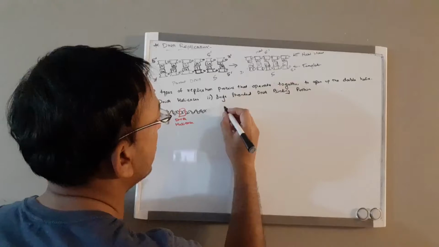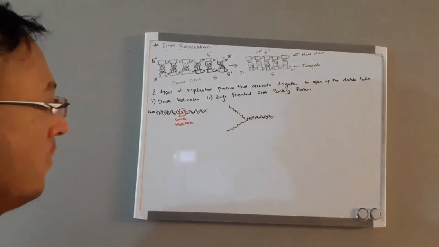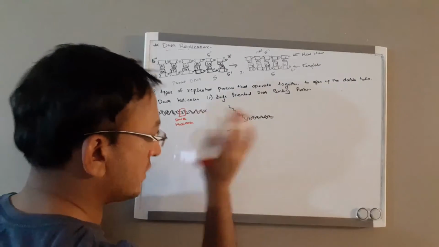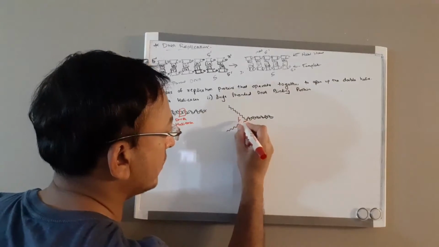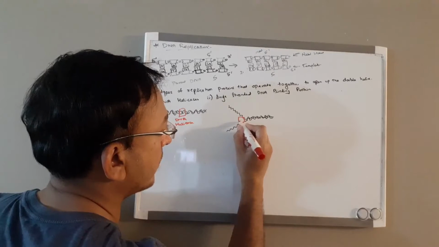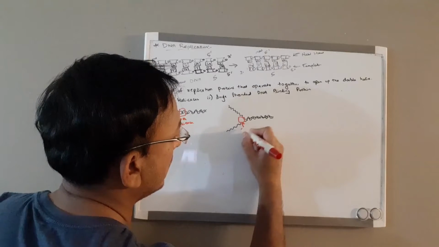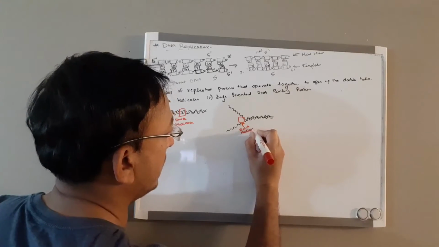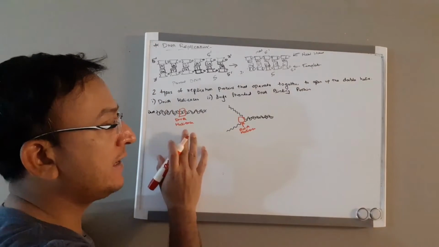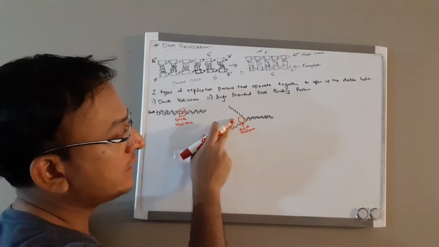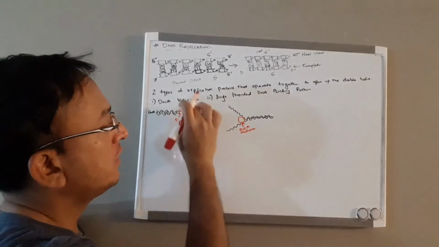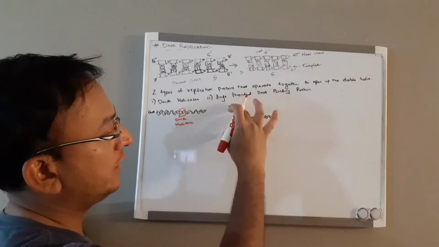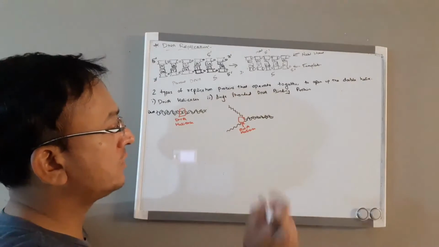So DNA helicases act on this DNA strand. For example, this is our replication fork. This is open, and that is our DNA helicase. It opens and sits here, as this is closed, and these are our two DNA strands.